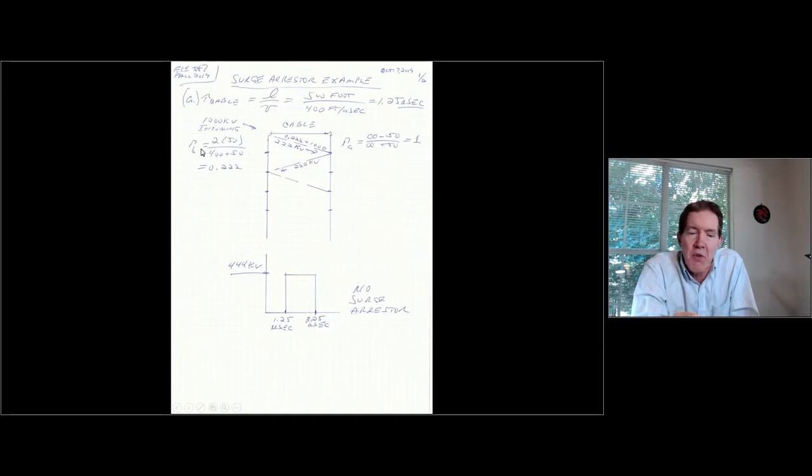Well, it's going to be the refraction coefficient times this 1000 kV. The refraction coefficient in this case is gamma B, 2 times 50 divided by 400 plus 50, which is 0.222. So the 1000 kV times 0.222 is what's going to be coming down the cable in this particular case.